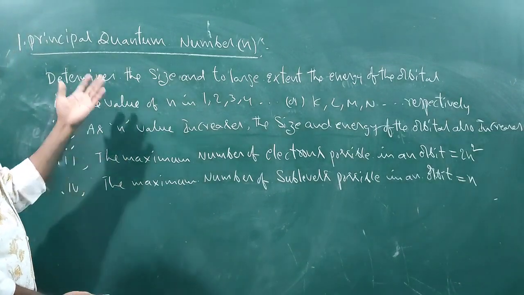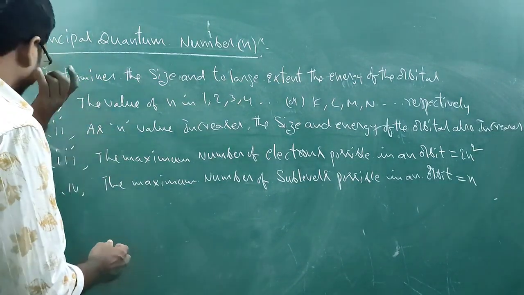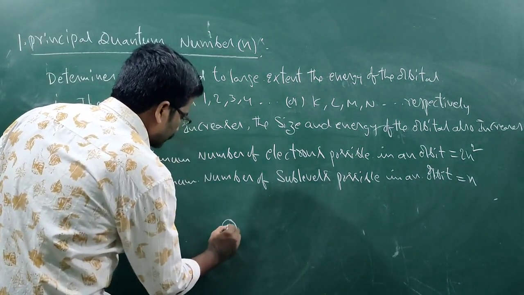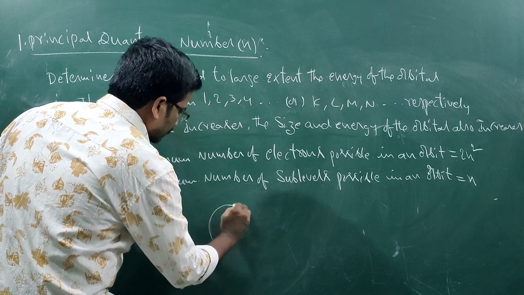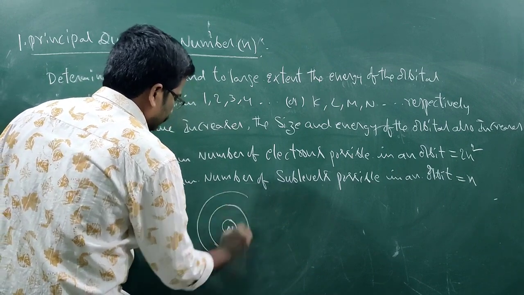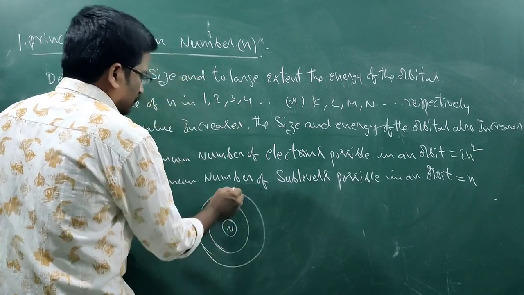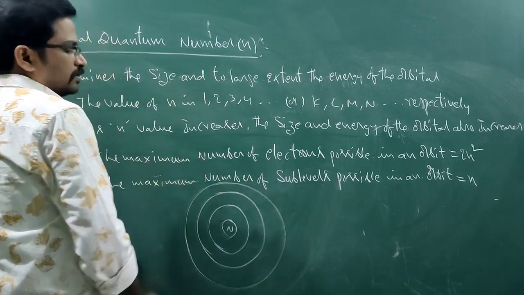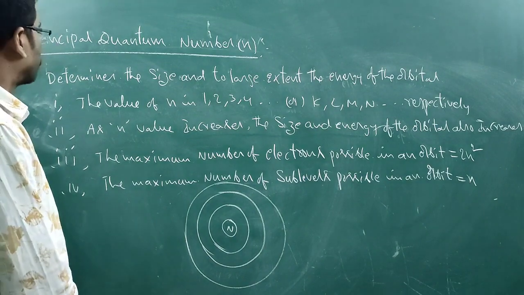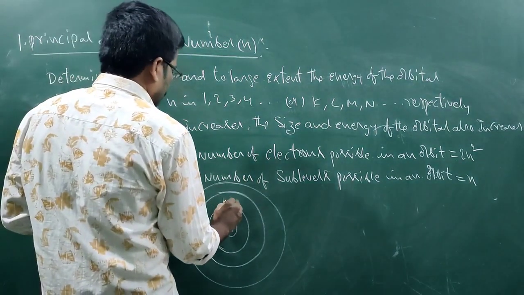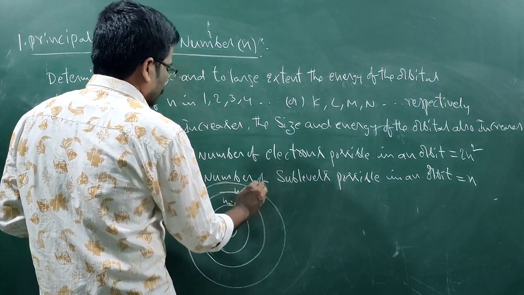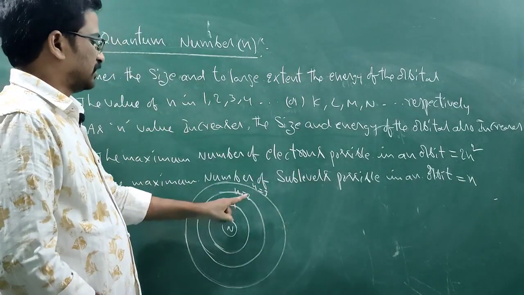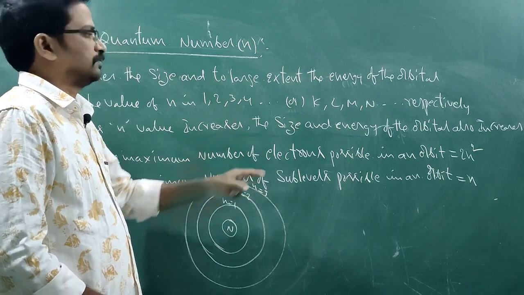Let us look into it one by one with an example. This is the nucleus. We know there are circular orbits. These are known as n is equal to 1, n is equal to 2, n is equal to 3, and so on.